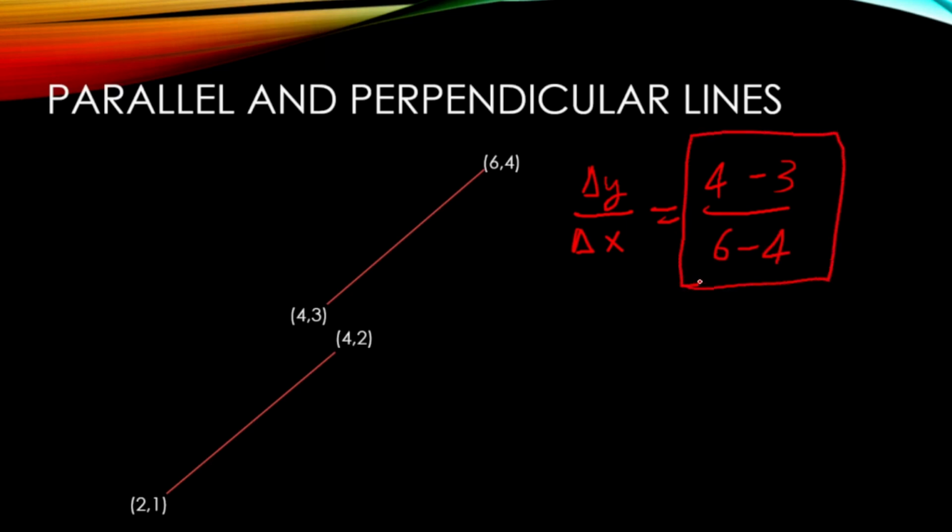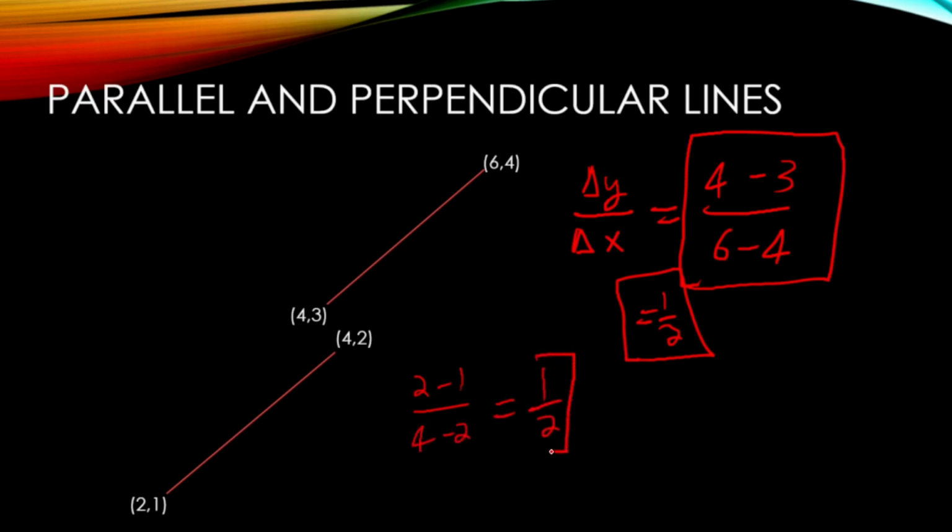So this is your gradient, which is equal to 4 minus 3 is 1, and 6 minus 4 is 2. 1 over 2 is your gradient, and for this line you can do the same thing. 2 minus 1 over 4 minus 2, which is equal to 1 over 2. So for parallel lines which will never meet, the gradient will be same. This is what we have established, and you need to remember this.